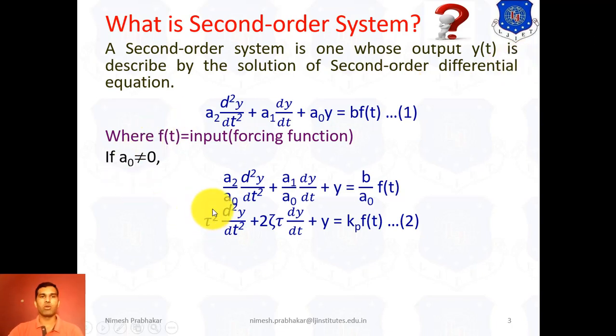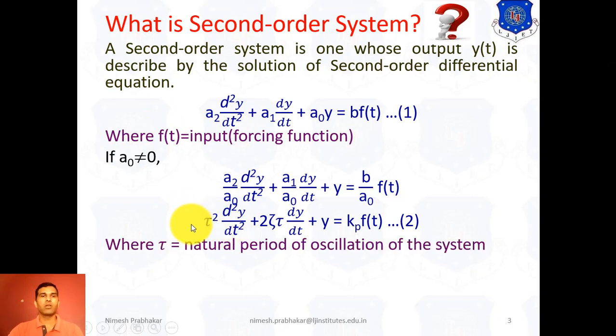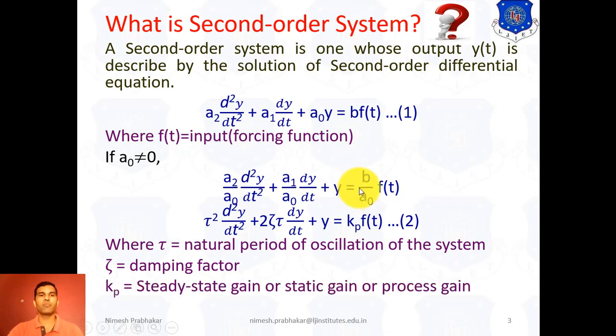Here tau represents the natural period of oscillation of system. Tau square is nothing but a2 by a0, and here 2 zeta tau represents a1 by a0, and zeta is damping factor, and kp is equals to b by a0, and kp is same as in first order system, steady state gain or static gain or process gain.